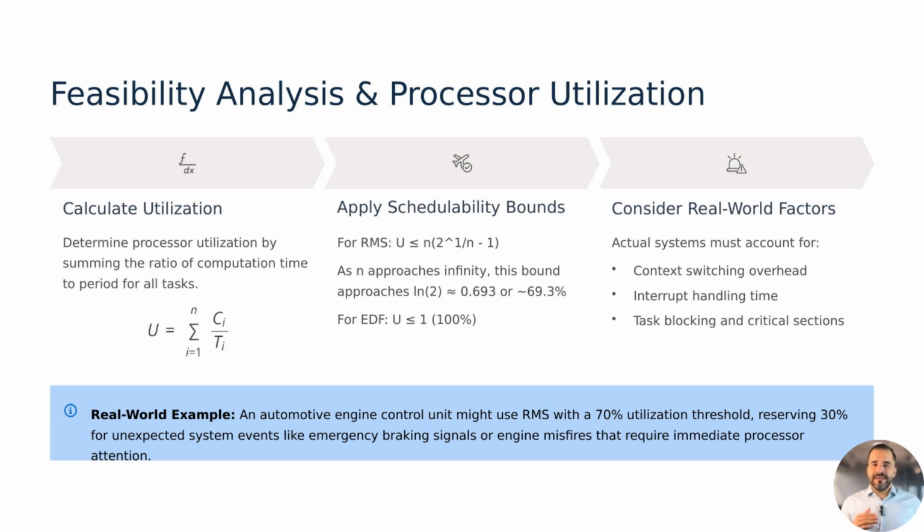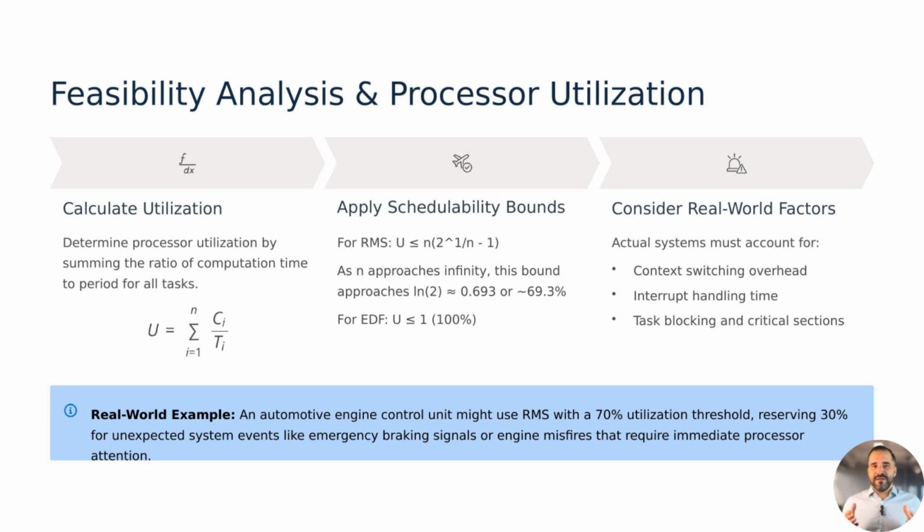One common method is calculating CPU utilization, which tells us how much processing time your tasks will use overall. For rate monotonic scheduling, there's a rule of thumb. If the combined demand of your tasks stays under a certain percentage of the CPU's capacity, your system should run fine. For a few tasks, that limit might be around 70%. As you add more tasks, the limit becomes tighter.